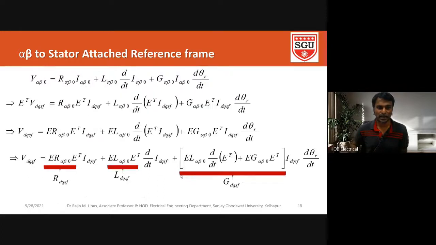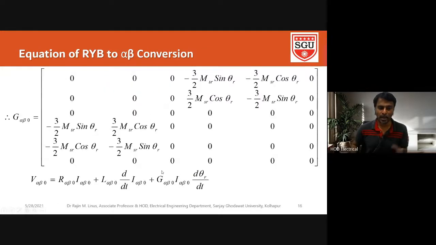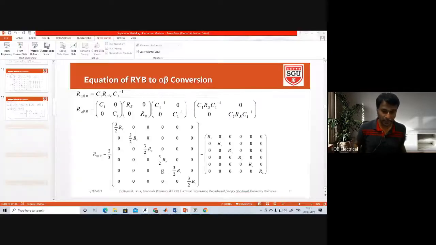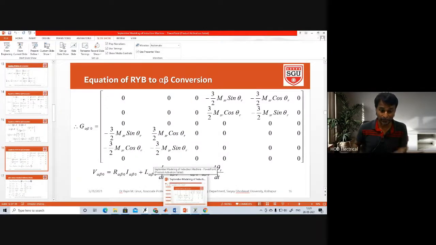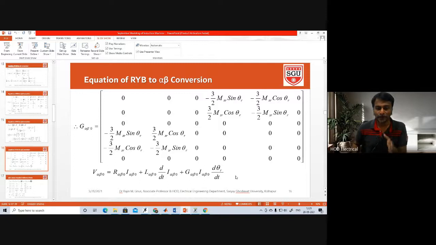With this I can conclude today how this matrix will be in alpha, beta. Last class we studied how to write the variables from ABC to alpha beta. Then in this lecture we understood how the variables appear in the alpha beta reference frame of a three-phase system. It is very difficult to derive the whole process from ABC to alpha, beta.